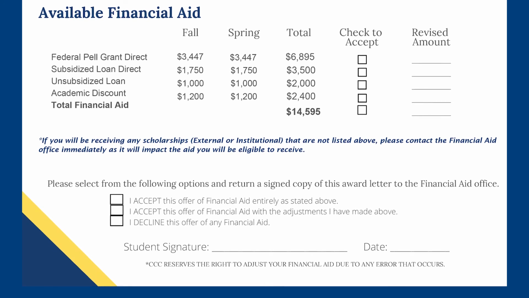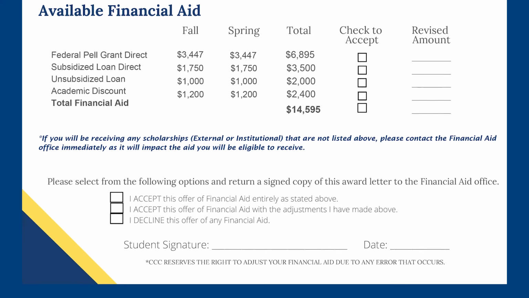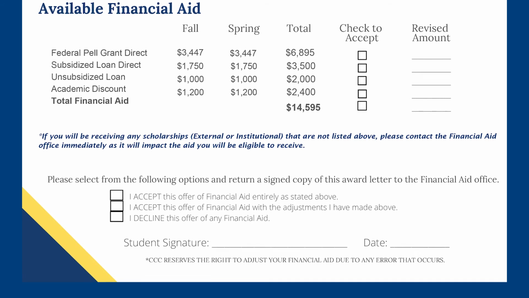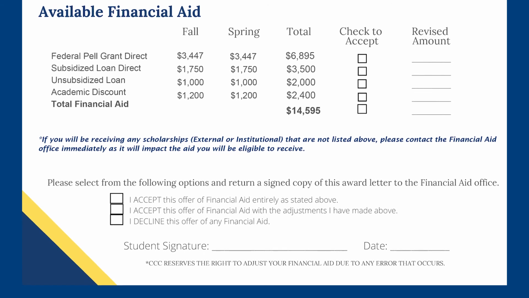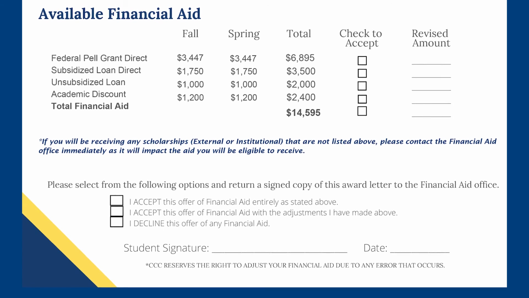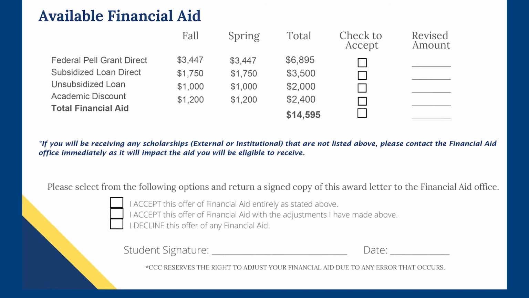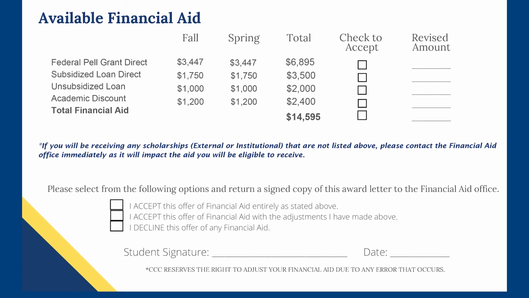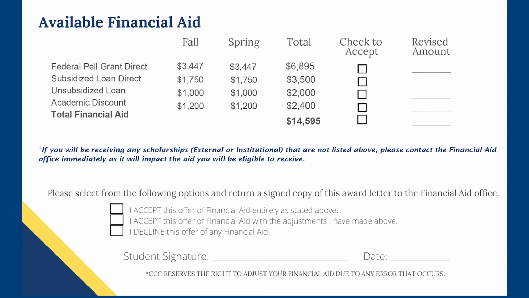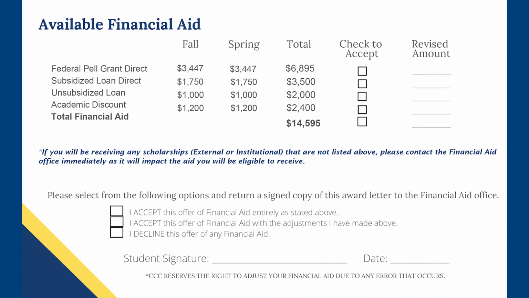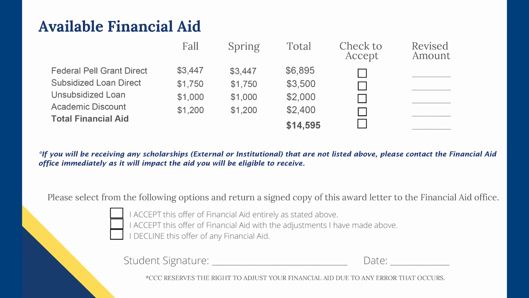Because he is choosing to take out the max loans, we will subtract the loans, the Pell Grant, and the academic discount from our overall total of $17,930, bringing his final total to $3,050. This will be the remaining balance on your student account.